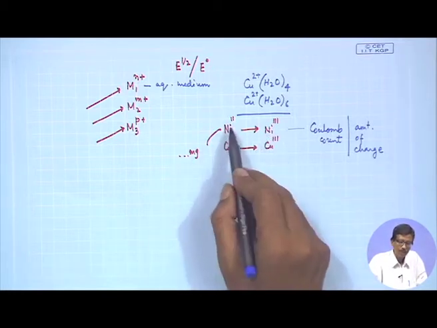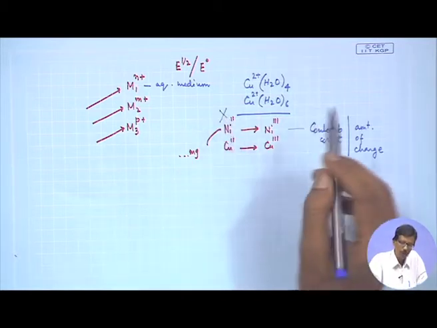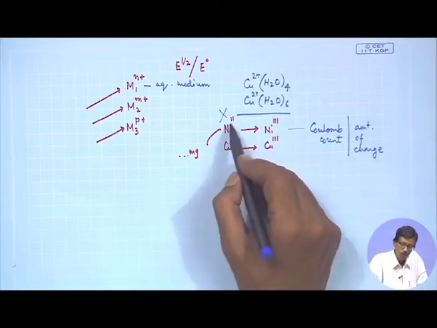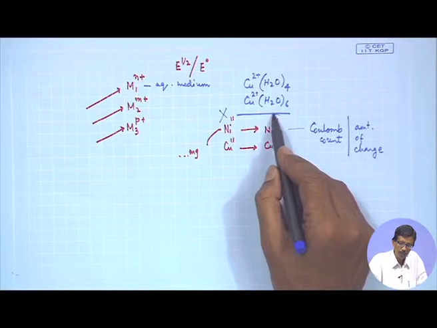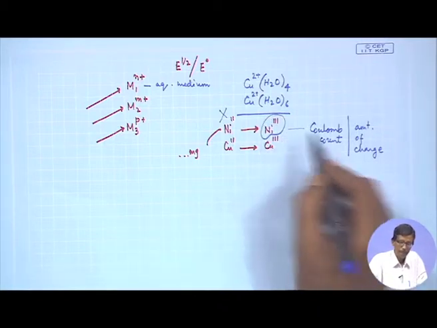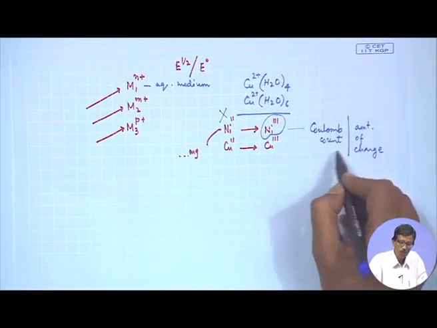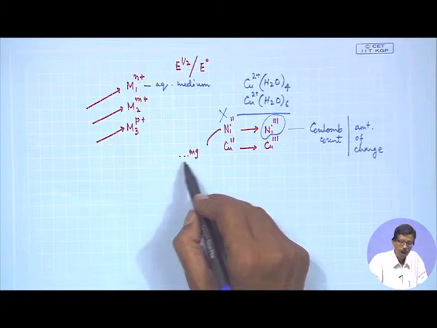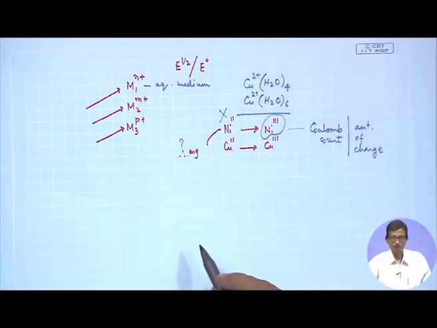So, when you go for complete oxidation, that means the bivalent nickel complex will not be there in the solution. No more bivalent nickel complex is present in the solution. In exhaustive electrolysis, the solution will have only the trivalent nickel, and knowing the Coulomb count for the amount of charge passed will also give you how much nickel is present as its compound.